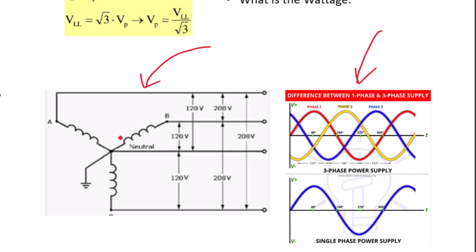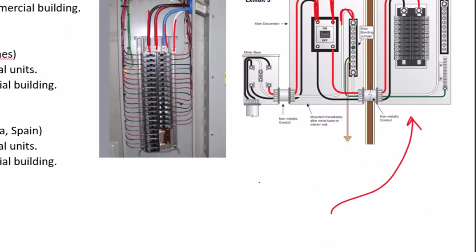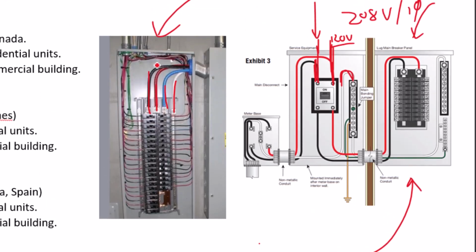So looking at each one of these, this is phase A, this is phase B, and this is phase C, which, looking at this picture, are represented by each of these lines here. So the black is one phase, the red is another phase, and the blue is another phase.